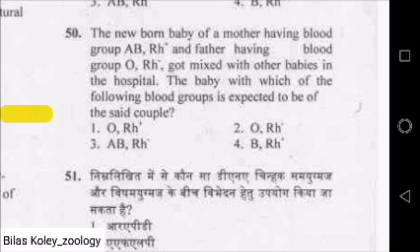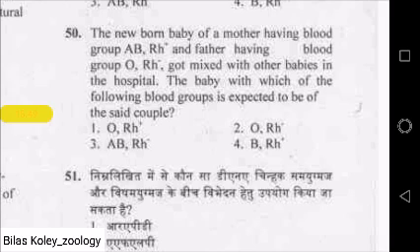Now we will discuss question number 50. The newborn baby of a mother having blood group AB, Rh positive, and father having blood group O, Rh negative, got mixed with other babies in the hospital.